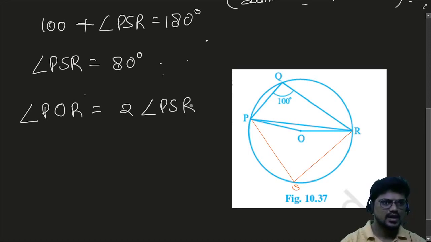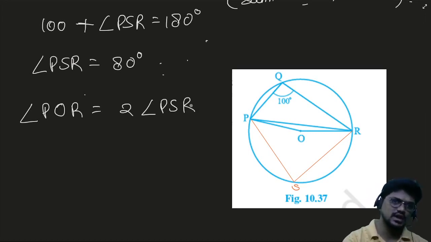Yes or no? The angle at the center is always double the angle at any other point, meaning the angle subtended by the same arc at the center is double the angle subtended by the same arc at any other point on the circle. That's the statement you have to write.